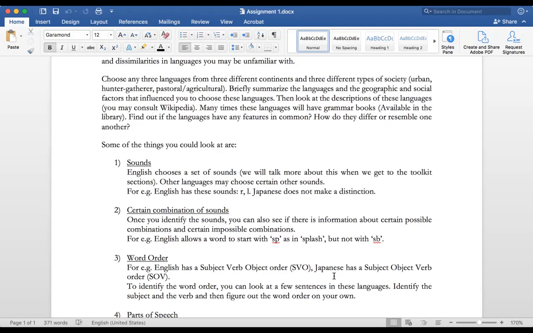As opposed to that, pastoral agricultural societies are a little different from hunter-gatherer societies in that most of them were nomadic. So they would move from one geographical area to another in search of food, in search of land to cultivate crops on, etc.